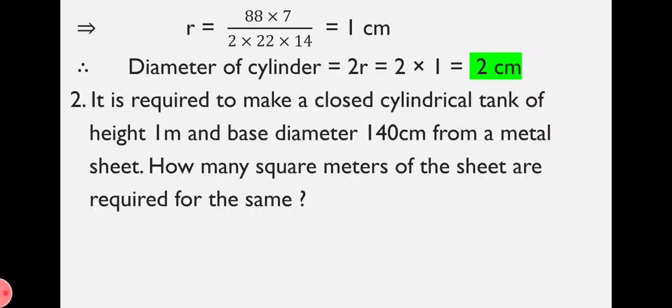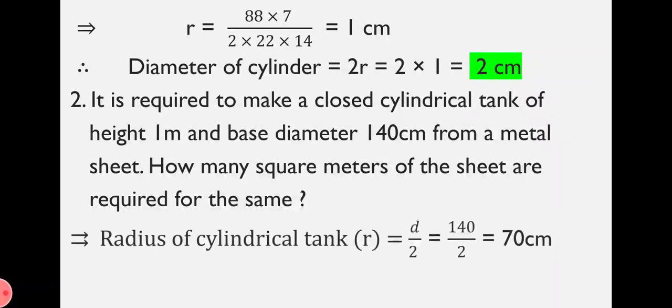Here you can see that the height is given in meter and the diameter is given in centimeter, and we have to find the sheet in square meters. So we have to convert centimeter into meter for our answer.